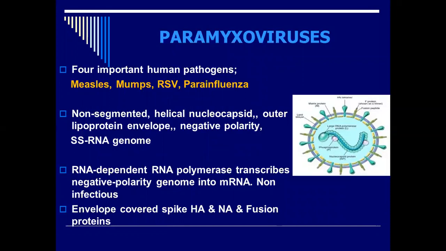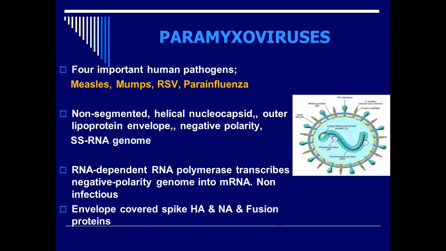Now, compared to the orthomyxoviruses, the paramyxoviruses are non-segmented, whereas the orthomyxoviruses were segmented. They have helical symmetry, what we call a helical nucleocapsid. The outer membrane is a lipoprotein envelope, and the viruses have a negative polarity, single standard RNA genome.